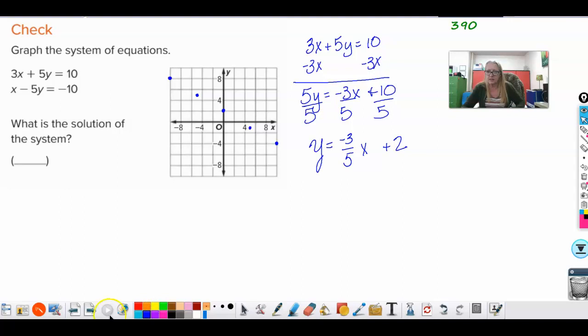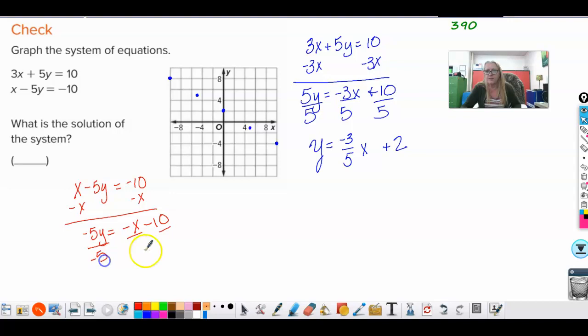Okay, second line, let's do it in red just for fun. The second line is x minus 5y equals negative 10. Subtracting x from both sides gives us negative 5y equals negative x minus 10. And divide every single term by negative 5.